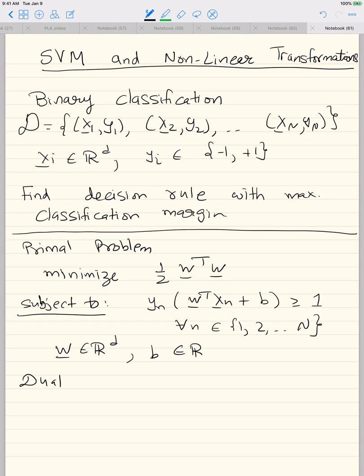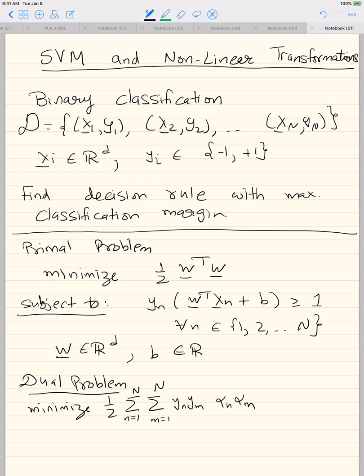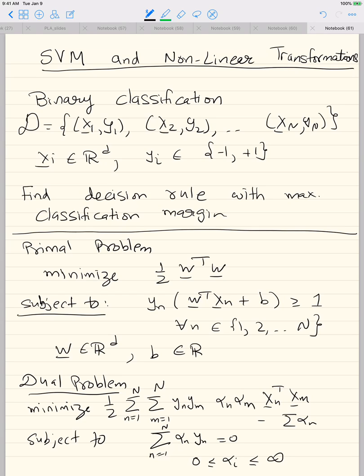We also have a dual problem where we minimize half of the sum over n going from 1 to N, m going from 1 to N, of yn ym alpha n alpha m xn transpose xm, minus the summation of alpha n, subject to one linear equality constraint, the sum over n of alpha n yn is 0, and all the alpha i's are non-negative.